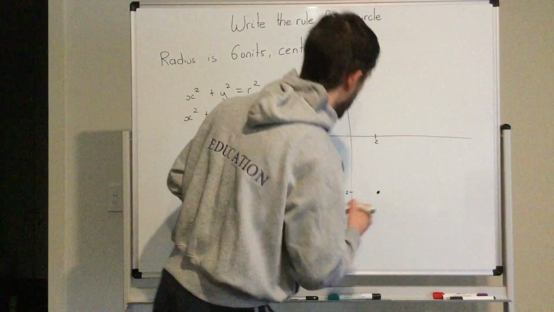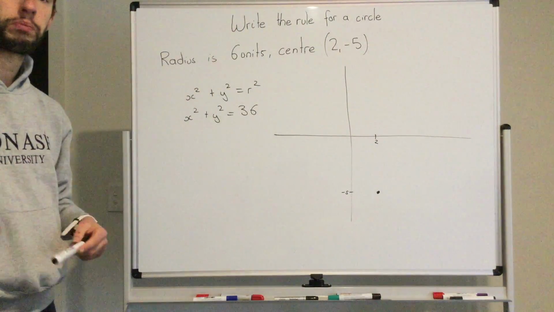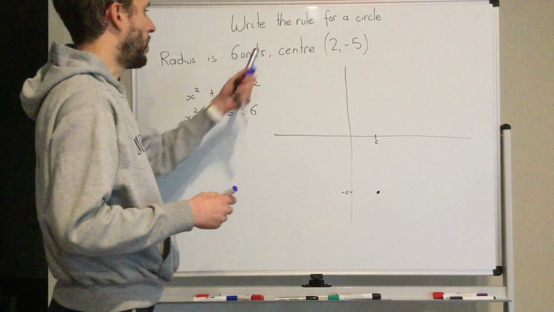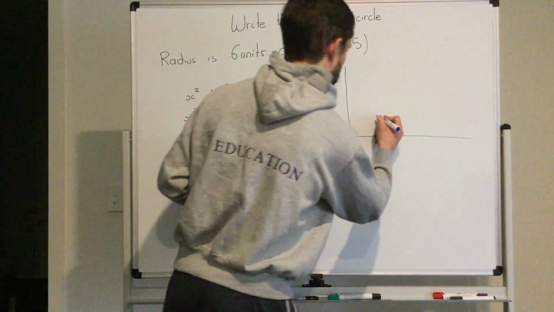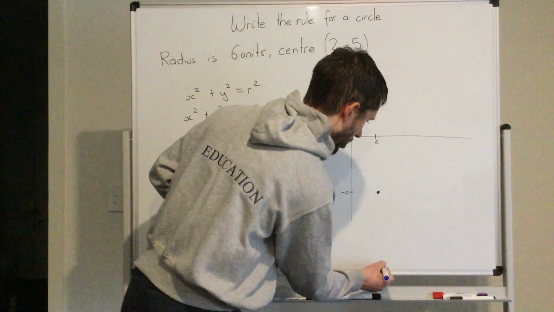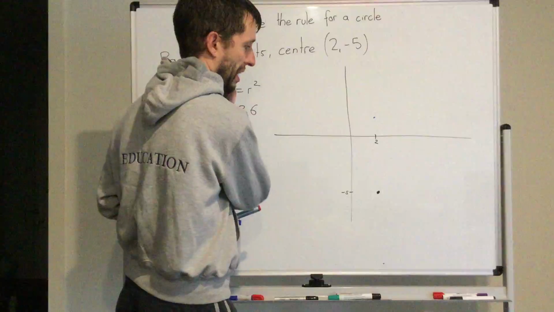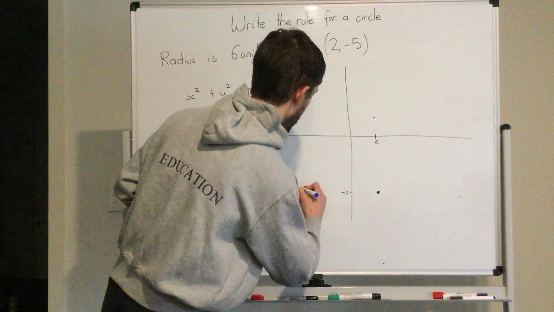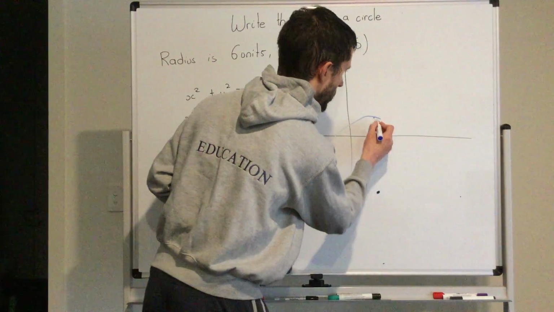So our circle is right there. So I know that we've got 6 units. So it's going to go all the way down there. And we've got a massive big circle.